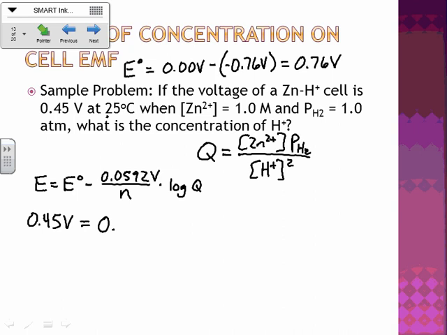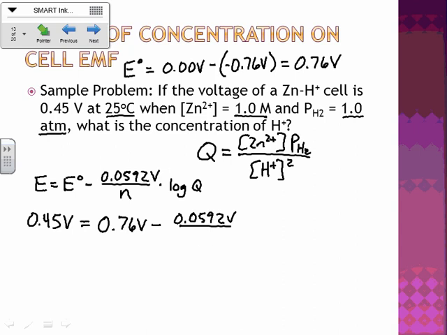Now, we're at 25 degrees Celsius. We have a 1 molar concentration of the zinc, and we have 1 atmosphere of pressure of hydrogen. That all looks pretty standard to me, right? So the thing that must be non-standard at this point is the concentration of the H plus. Okay, so 0.76 volts minus, and then we've got this whole expression here, 0.0592 volts over the number of electrons being transferred here, which is 2.